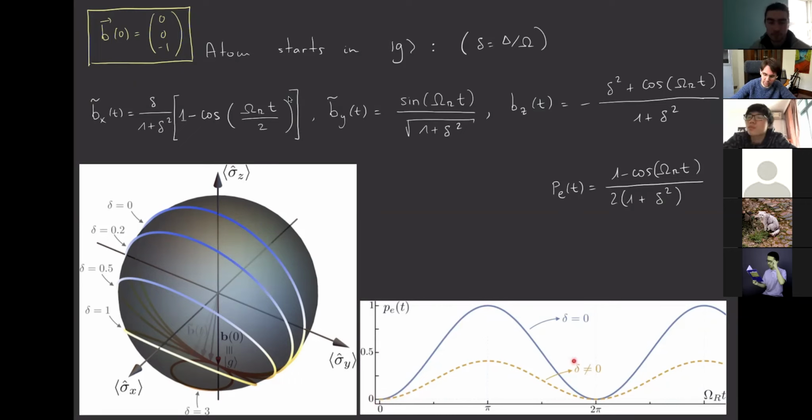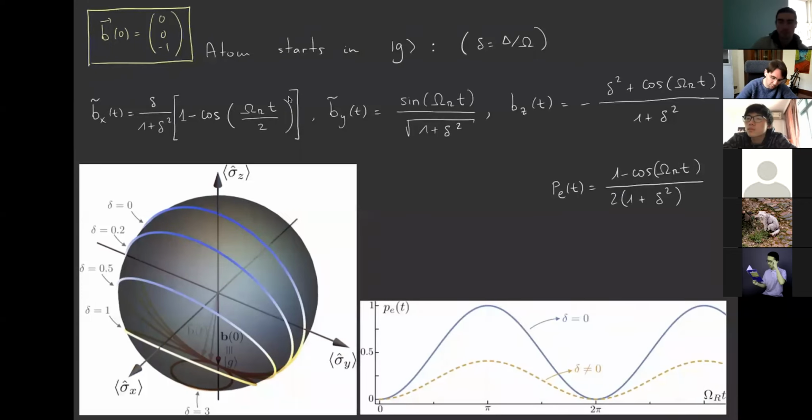But if we have some detuning, then we have an imperfect population transfer. But in any case, we see these kind of oscillations between the atom being in the ground state completely and partially to the excited state, and then back to the ground and back to the excited, and so on. And in particular, the frequency of those oscillations are what we call the Rabi frequency.